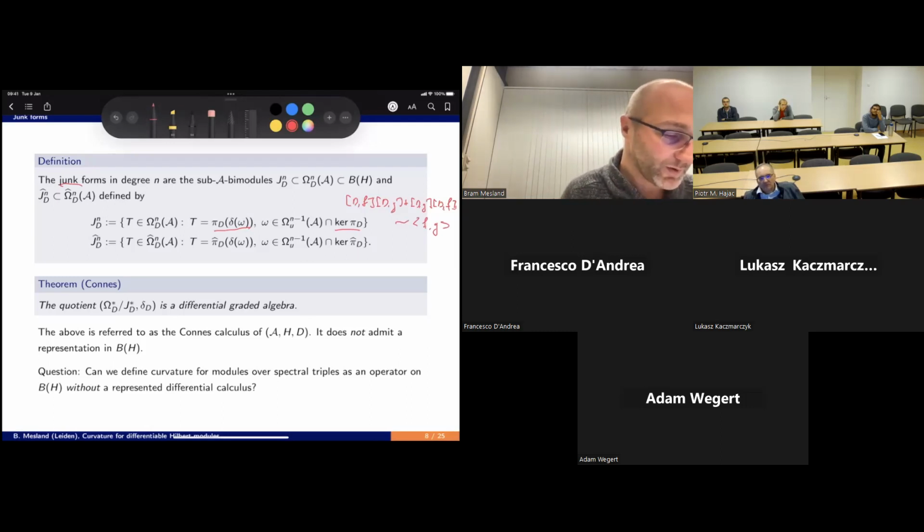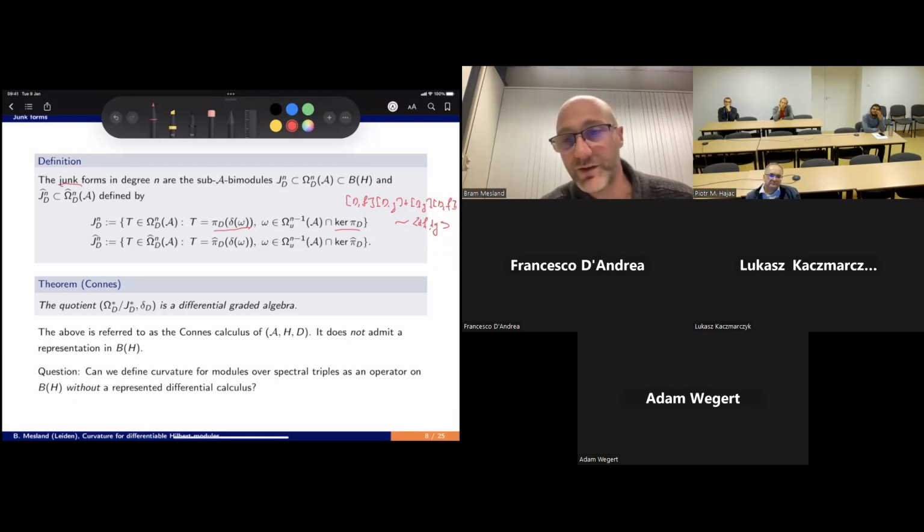No, this should be df dg. So this is related to the Riemannian inner product on the cotangent bundle, which is not a 2 form; it's just a function. So you don't want this to be in your 2 forms, and it turns out that in the classical case, the 2 junk is exactly of this form.